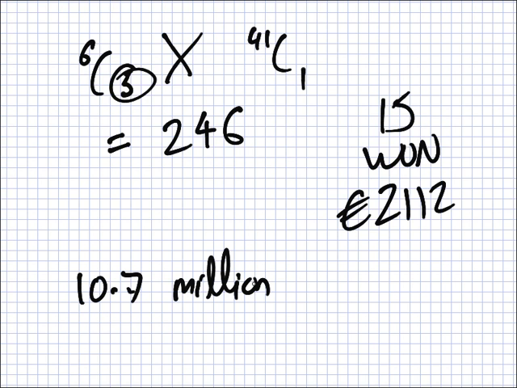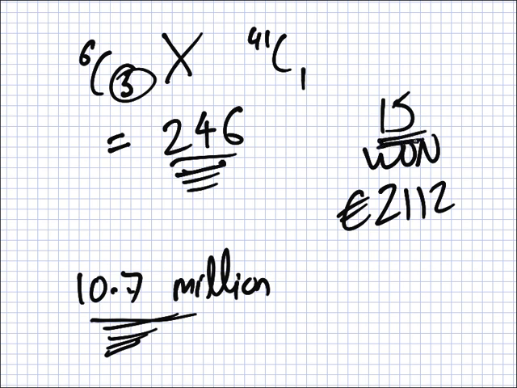There'd only be one big jackpot winner. How many people would win the match 5 prize? 246. If everyone bought every combination, you'd expect 246 of those tickets to be the match 5 winners.